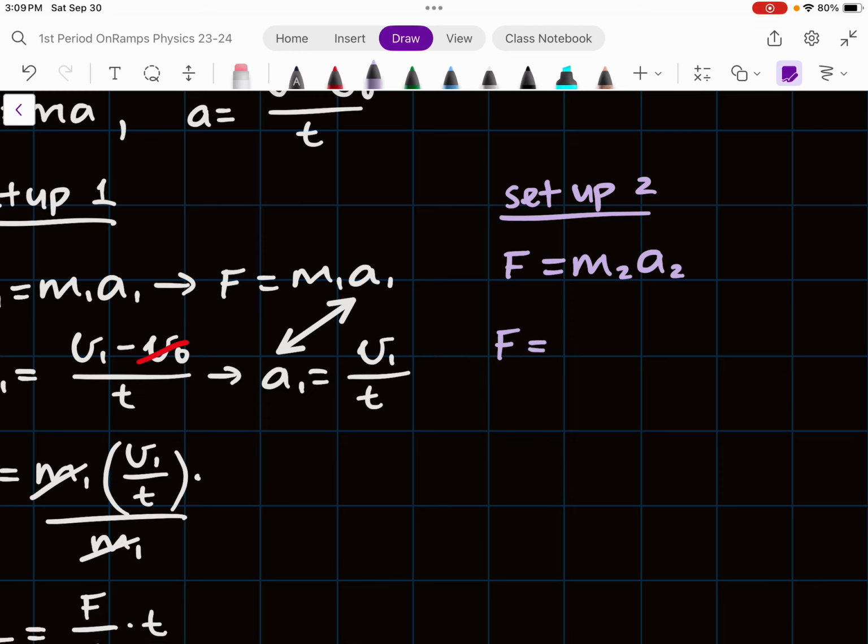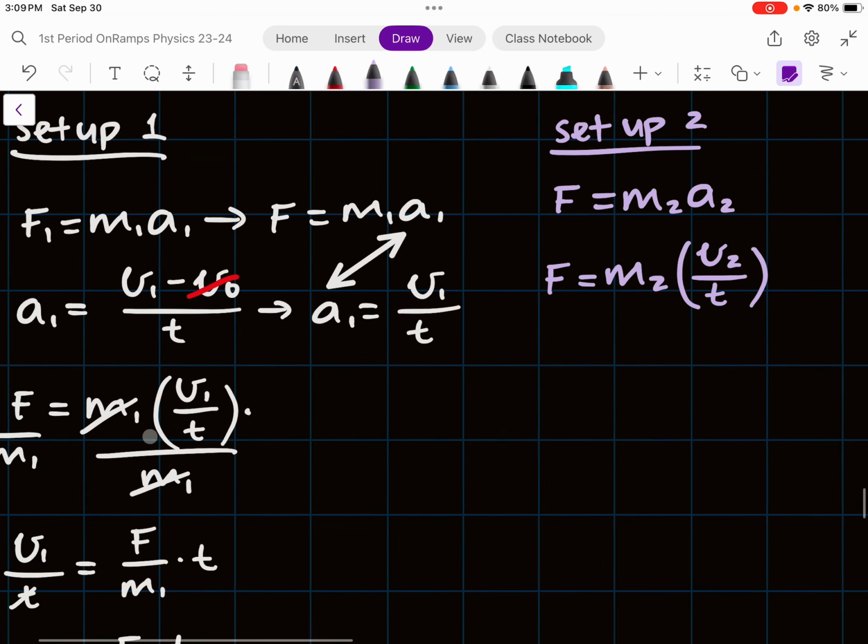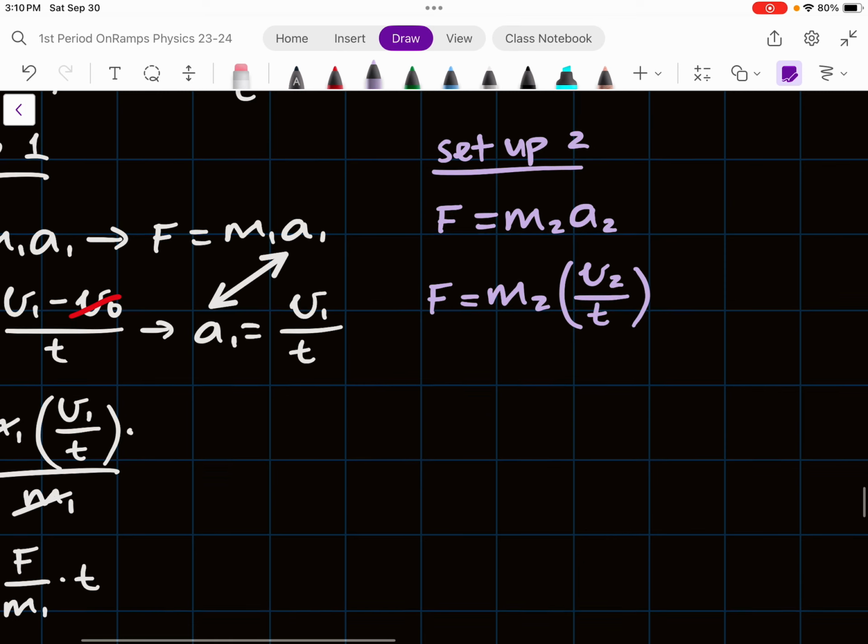Force is equal to mass 2 times velocity 2 divided by time. Then if I solve for velocity 2 using the same steps, I'll have that velocity 2 is equal to force multiplied by time divided by mass 2.